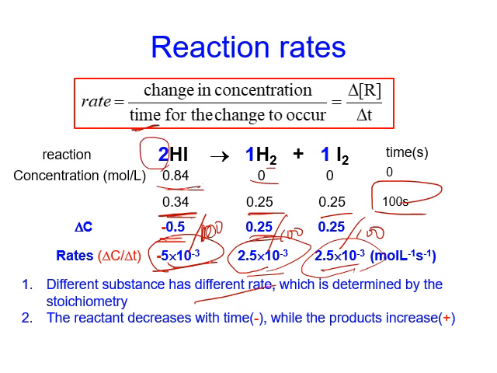Whenever you consume 2 hydrogen iodide, you form 1 hydrogen gas and 1 iodine. So the hydrogen iodide rate is the fastest compared to hydrogen gas and iodine gas. For the reactant, because concentration decreases, the rate is negative, and the product increases in concentration, so the reaction rate is positive.